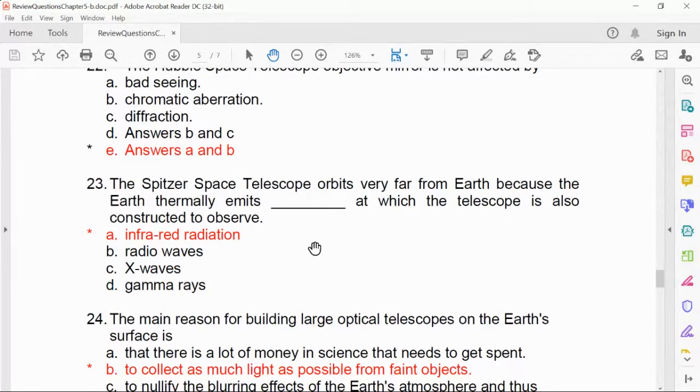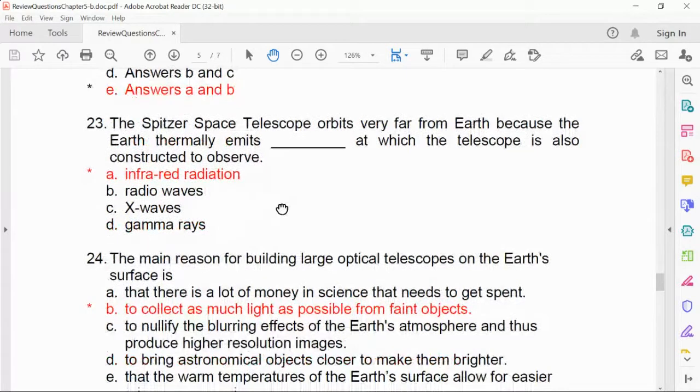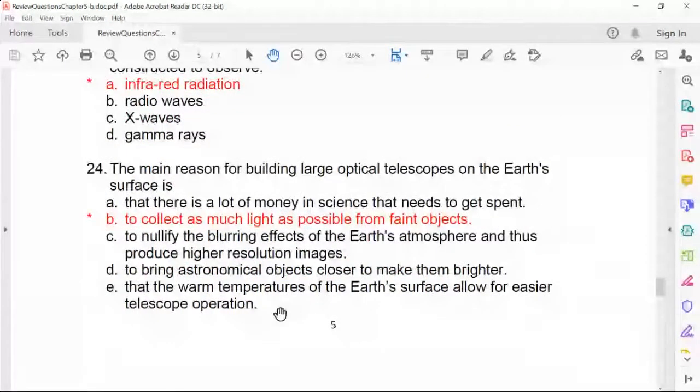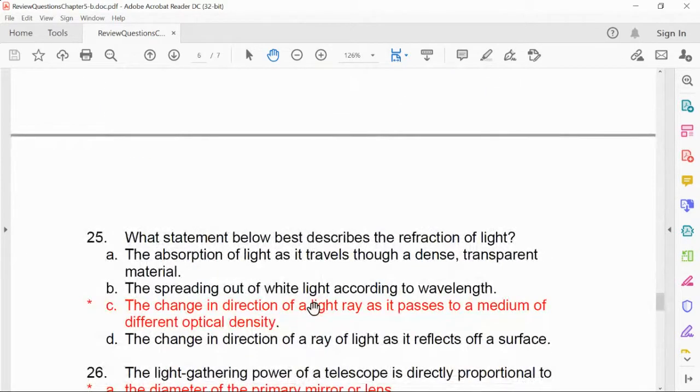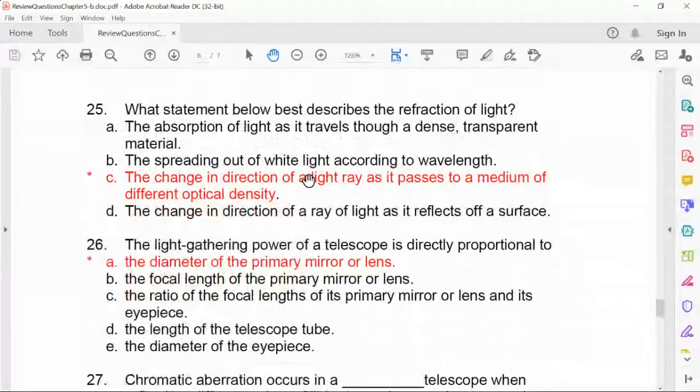So that's why this telescope is far away from the Earth. 24, the main reason for building large optical telescopes on the Earth's surface is to collect as much light as possible from faint objects and improve the resolving power as well.